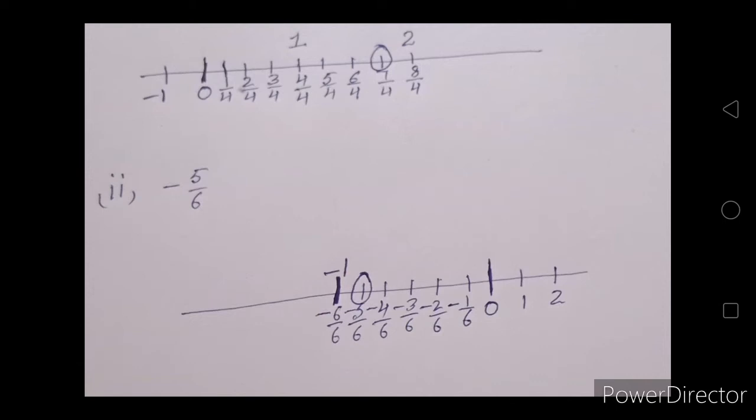So because both numbers are the same, it will be minus 1. If we divide into 6 parts, these many numbers come between 0 and minus 1. So these were all about the number line of rational numbers, how we show rational numbers on the number line.